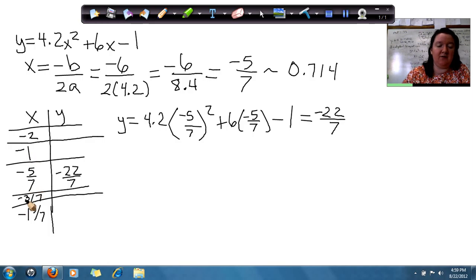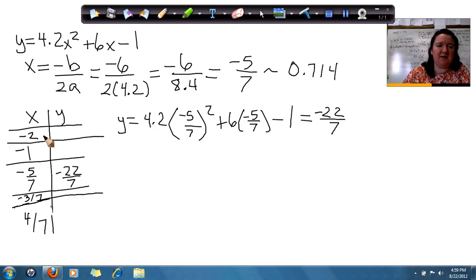I added 2 over 7 to get a negative 3/7. And then I guess I'd be adding 1 to get that number. Let's fix that. We're going to add 1 to 3 over 7. That would be adding 7 over 7. So that's going to give us 4/7.